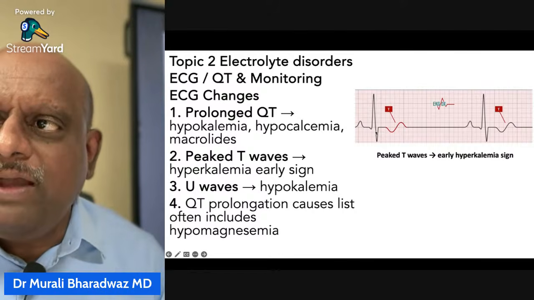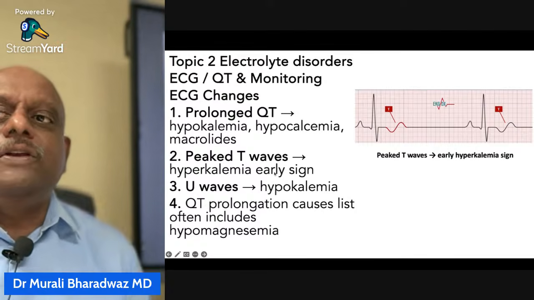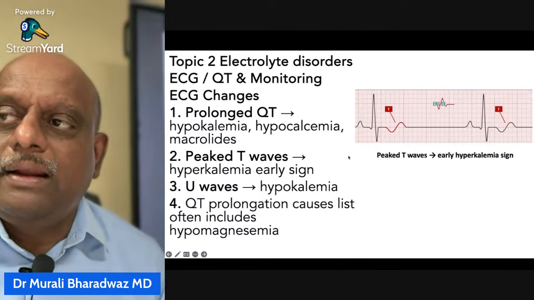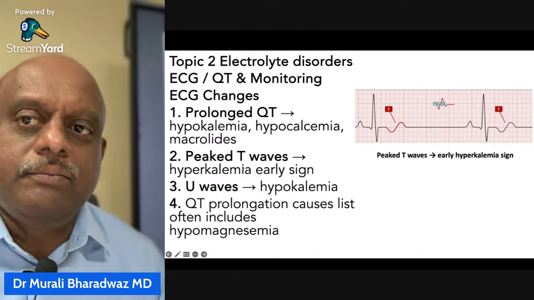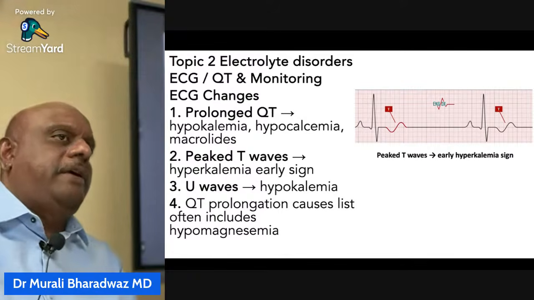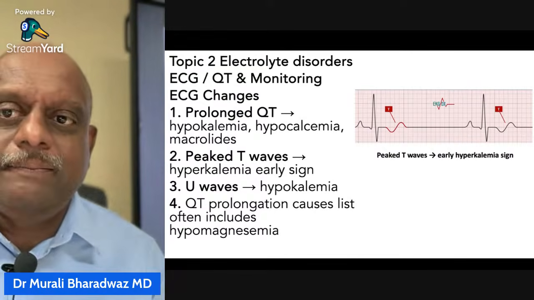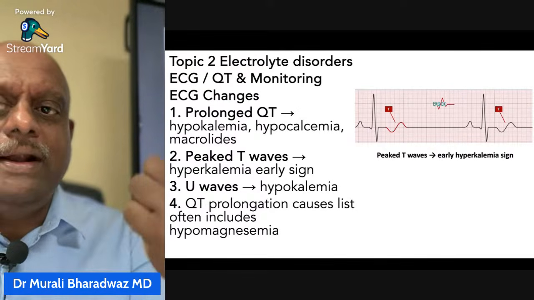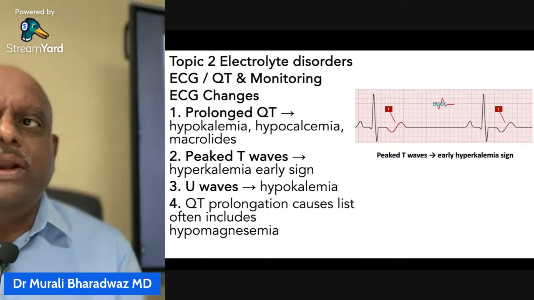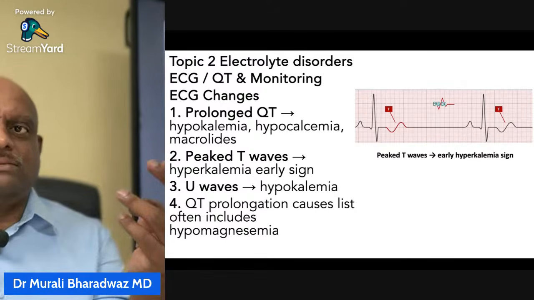Similarly, peaked T wave is the feature of hyperkalemia. Right? Then presence of U wave. What is U wave? After T wave, any wave is called U wave. It can be negative, it can be positive. It is a feature of hypokalemia. We said hypokalemia, hypocalcemia, right?